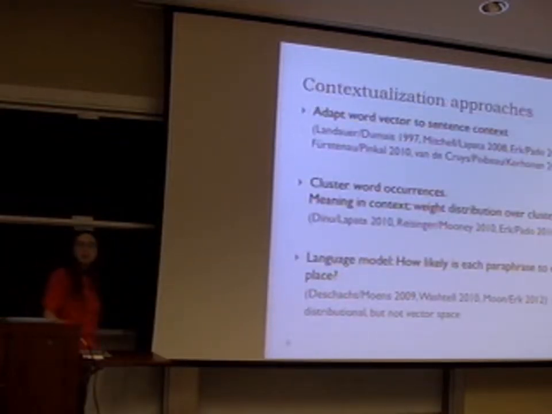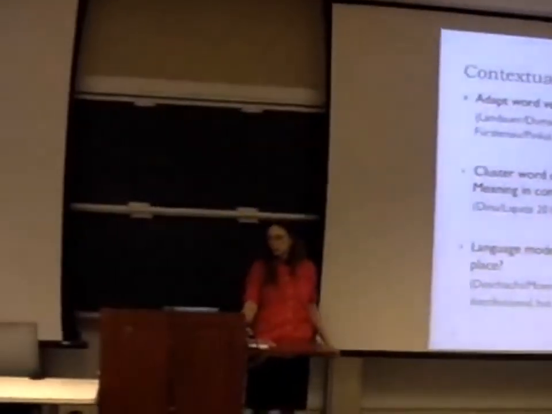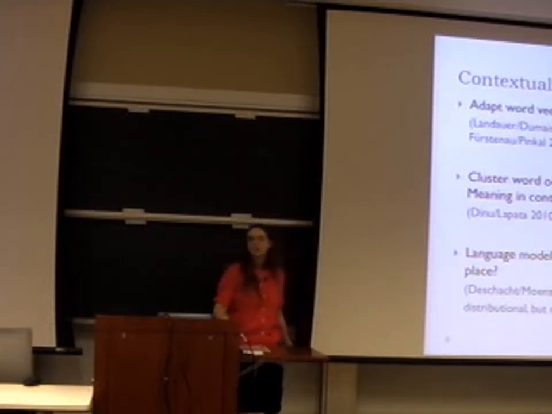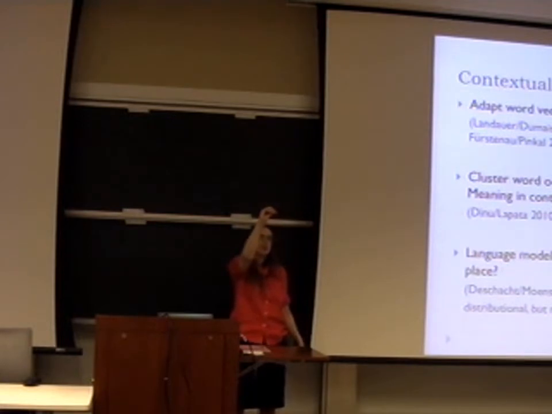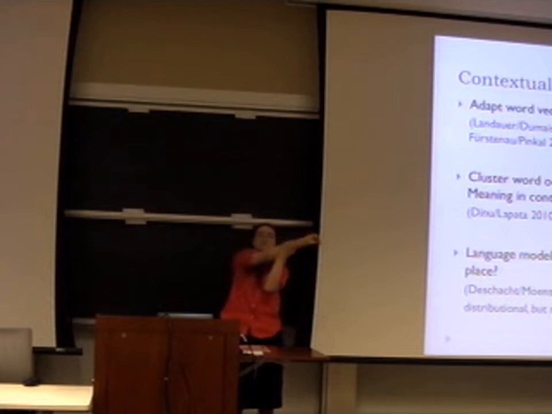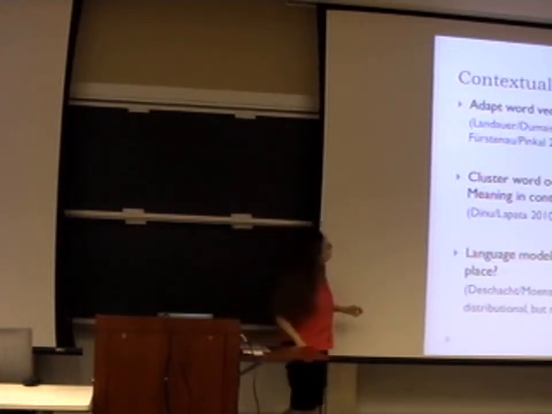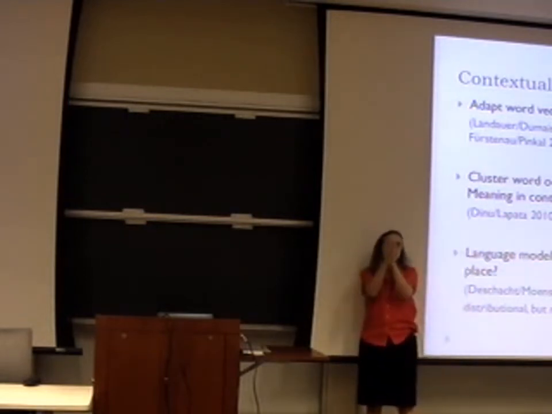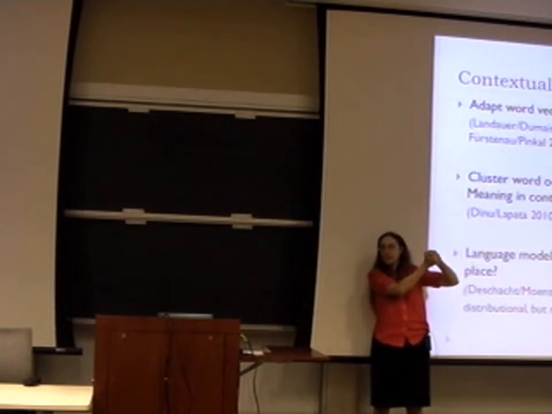So, how can we do this, computing these individual points for occurrences rather than complete words? There are a couple of groups of approaches. Either you have this vector for bank, mixed financial and riverside, and given a context, you bend the vector, you adapt it to the context. Another way of proceeding is, instead of computing this one vector for bank, you take the individual occurrences and you cluster them beforehand.